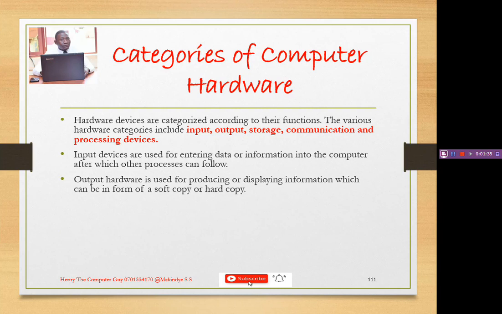Whereas output hardware is used for producing or displaying information, which can be in form of a soft copy or hard copy. What is the difference between a soft copy and a hard copy? Soft copy is information that is visually displayed on our computer.